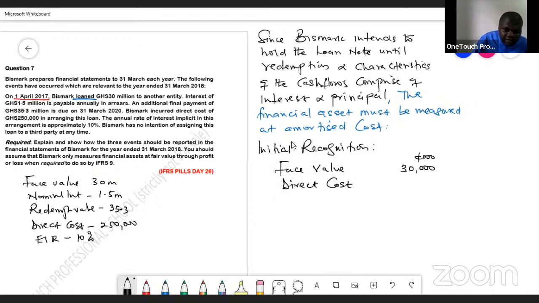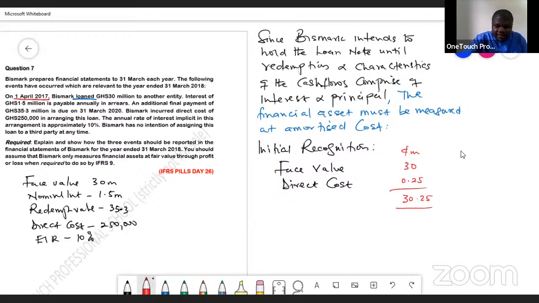Is that 250,000? Or better still, let me pick them in millions, then I move faster. So this will be 30 million. This will be 0.25. So making 30.25.